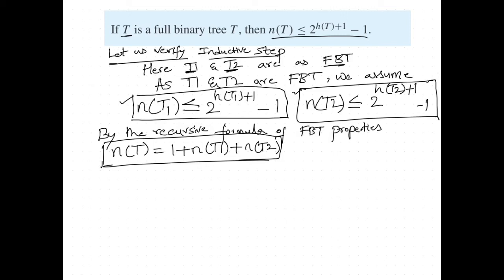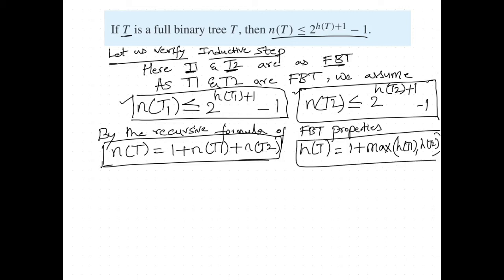Again, what about the height of a full binary tree? H of t is equal to 1 plus max of h of t1 comma h of t2. Yes, this is another result from the recursive definition of full binary trees. Now I'm going to prove this particular result with all these results. How? Let us see.